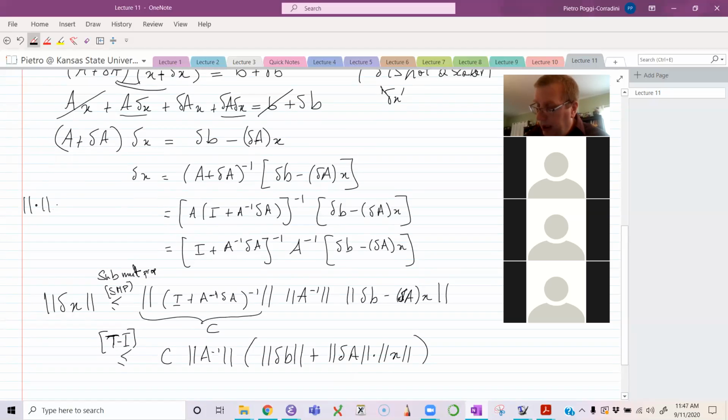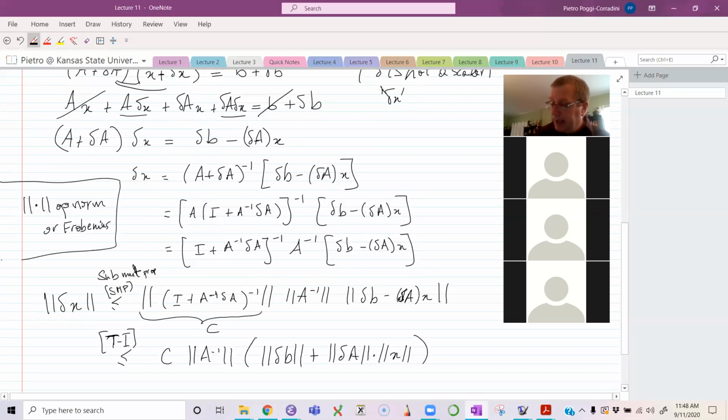And if we do that, either an operator norm or a Frobenius norm, then all of these things are okay to do, right?